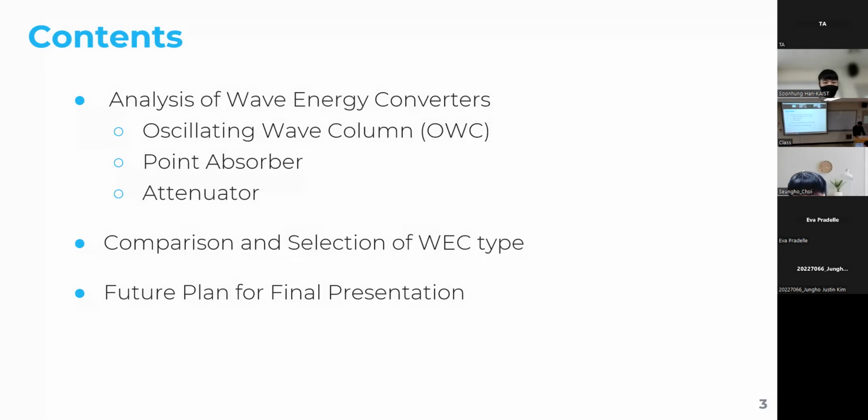This presentation will be done in the following order. First, analysis of wave energy converters: oscillating water column, point absorber, attenuator. Next, comparison and selection of the wave energy converter type. And last, the future plan for the final presentation.